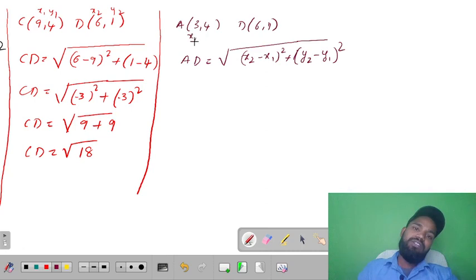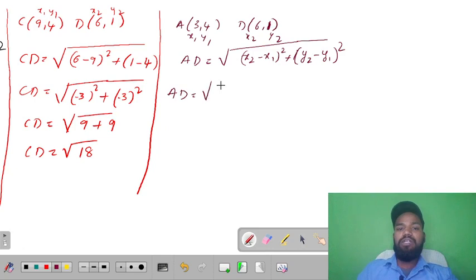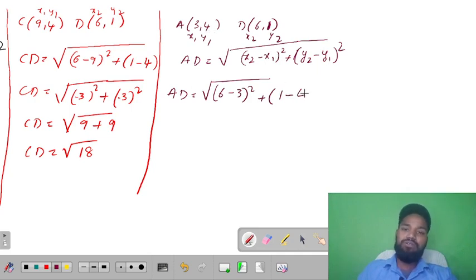Now this is x1, this is y1, this is x2, this is y2. AD equals under root, what is x2? 6. 6 minus what is x1 here? x1 is 3. Plus, what is y2 here? y2 is 1 and what is y1 here? 4.